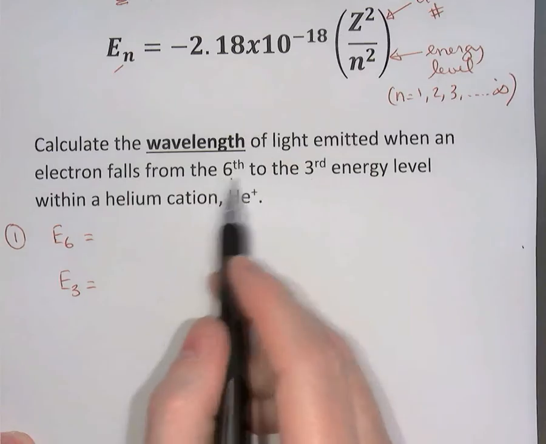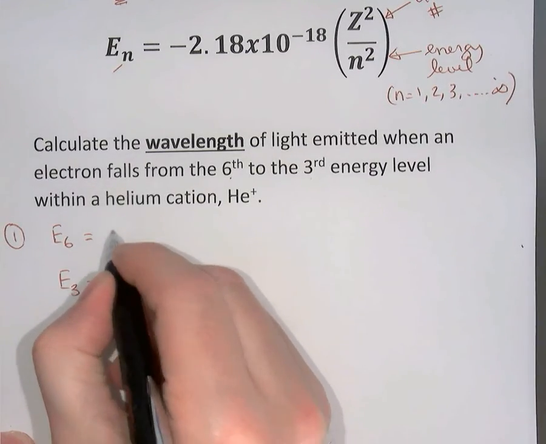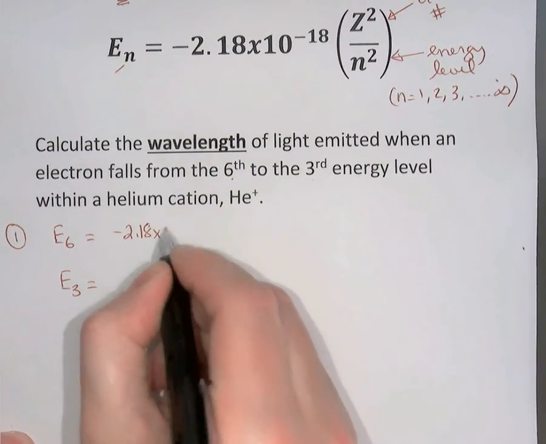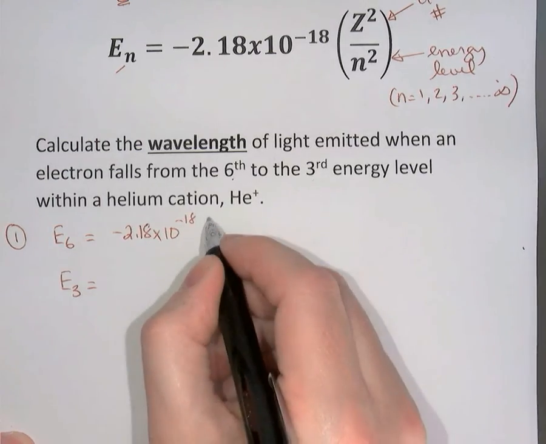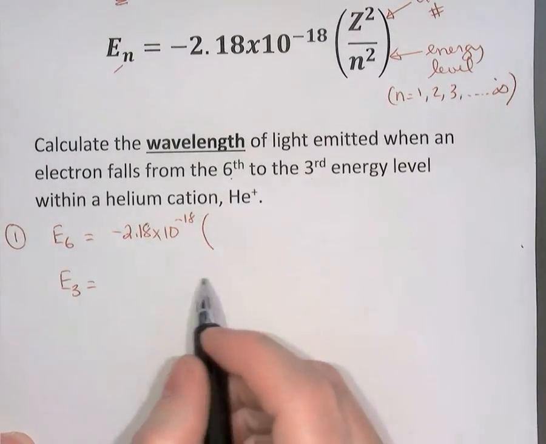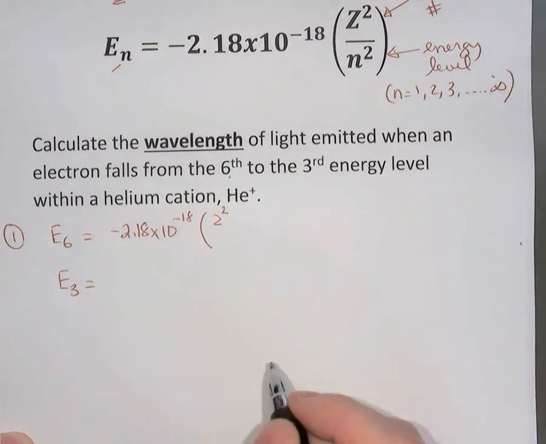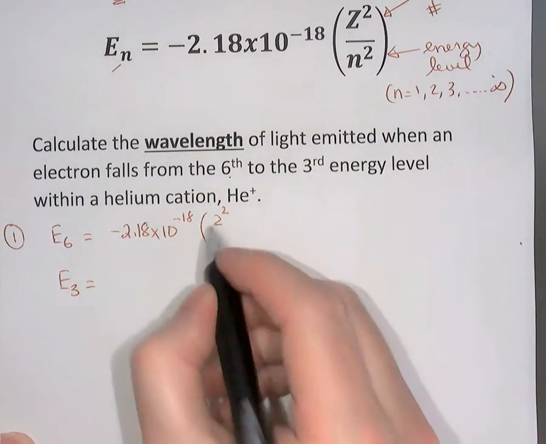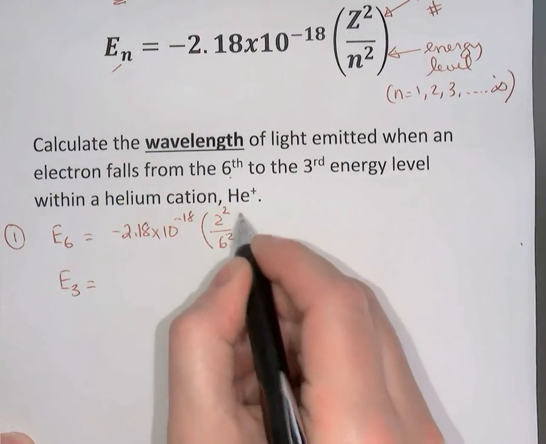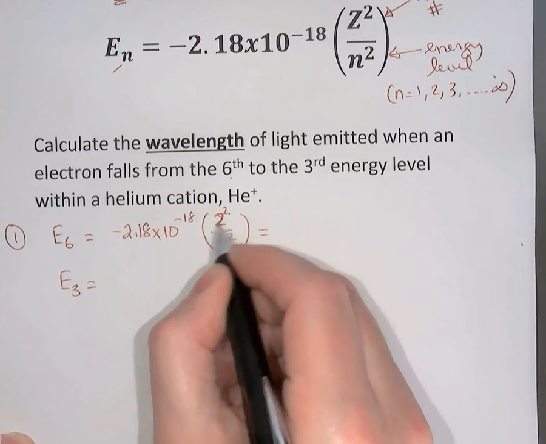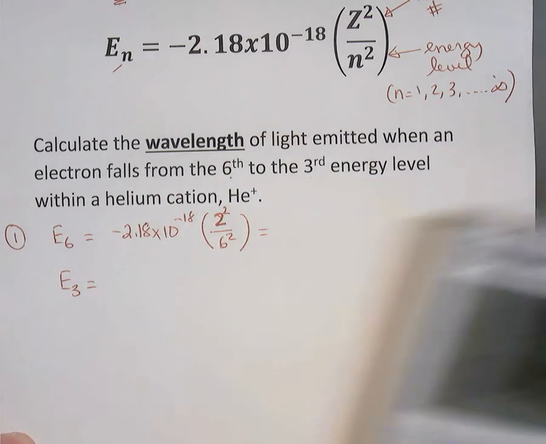So E6, the energy of the 6th energy level, is negative 2.18 times 10 to the minus 18 times, now Z for helium, the 2nd element on the periodic table, is a 2, so 2 squared, over n squared, so over 6 squared. Okay, so there's the energy level 6.